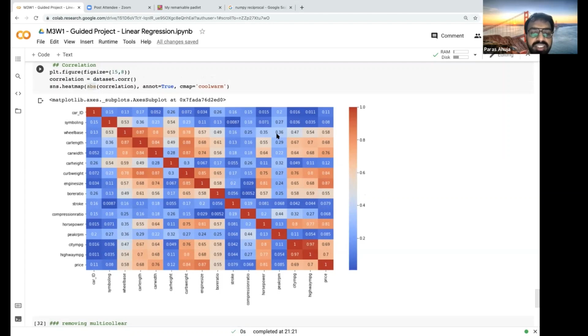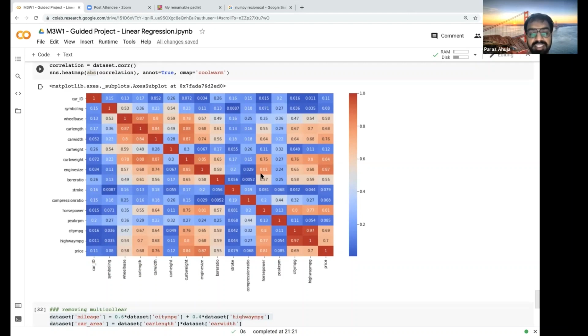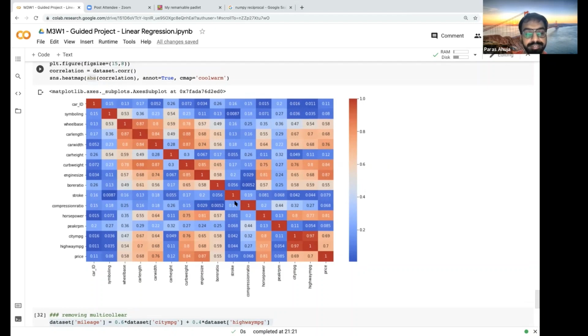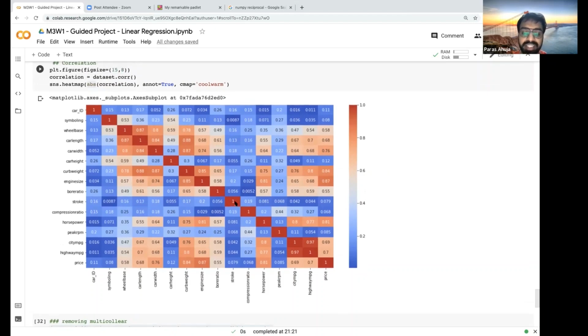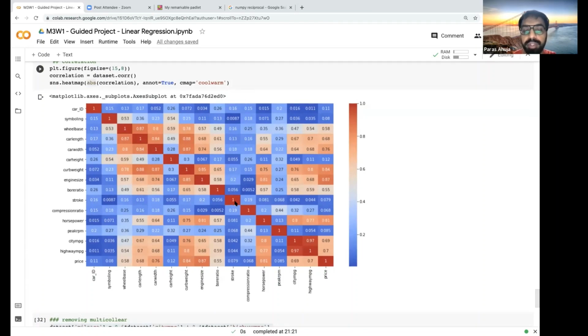This correlation analysis doesn't give us the right answer, right? It just helps us to understand some information from our variables, right? So what we'll do is we'll take this peak RPM into our VIF analysis and see what happens after that, right? But there are two variables which should not be taken into the VIF analysis.